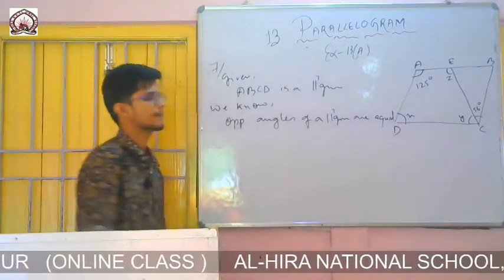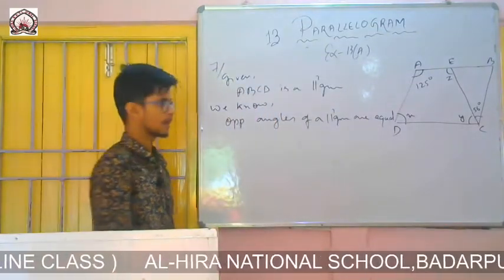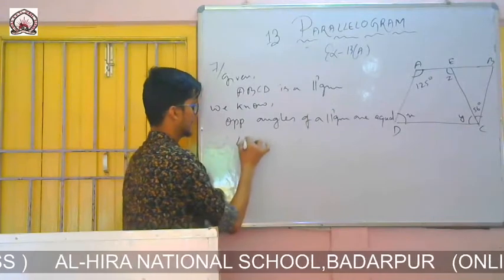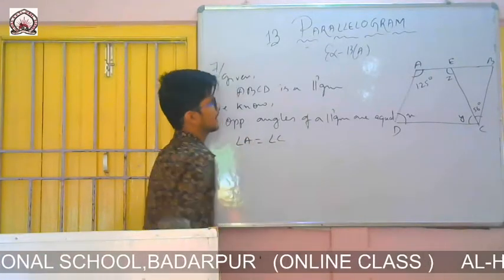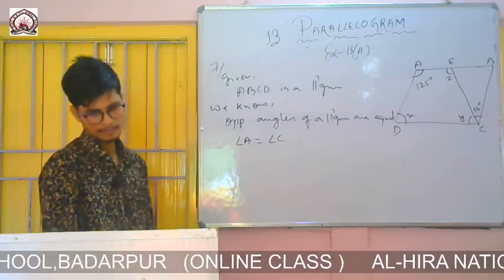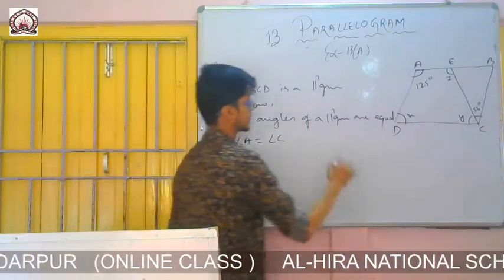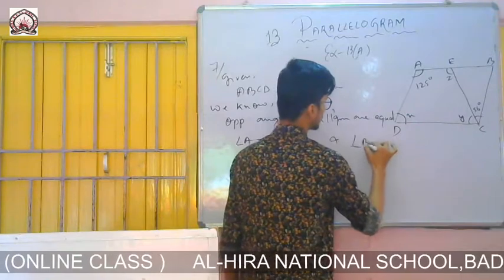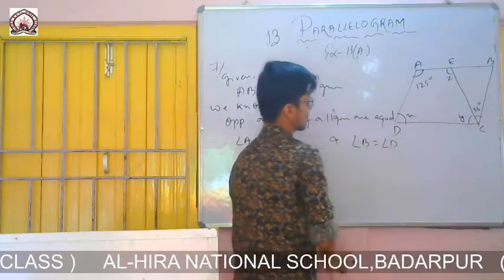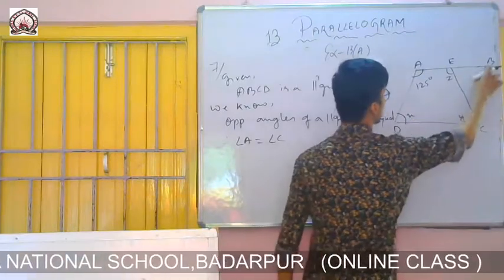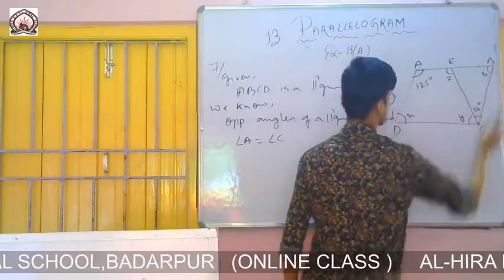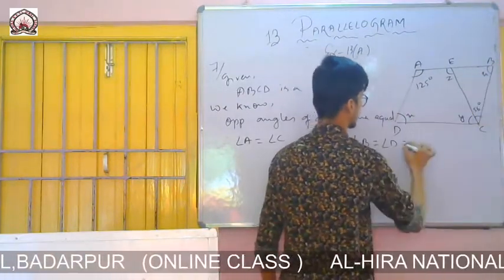That means angle A equals to angle C, and angle B equals to angle D. You see here B and D. D is given as X. That means angle B will also be X.